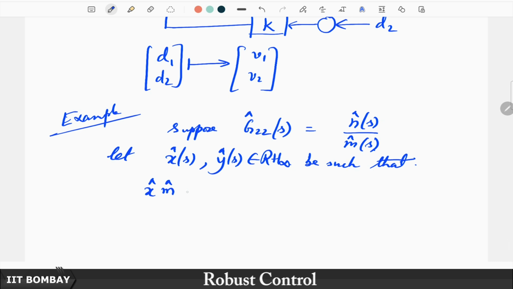Of course, we are dropping the s argument here, but remember that these are all functions of s. So this is the Bezout identity for the scalar case, right.